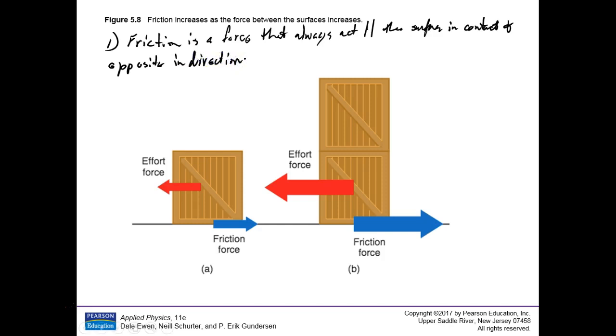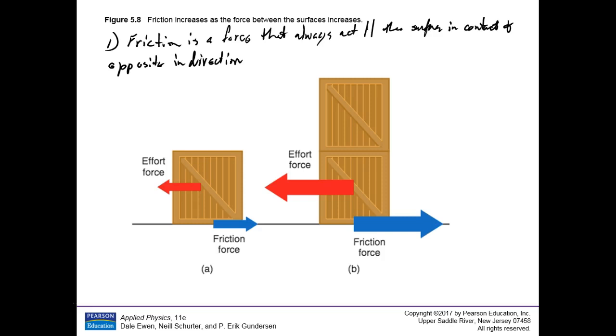Okay, so here you are either over here pushing or over here pulling on this box. If the surface is here, friction is resisting, always opposite in direction, but parallel to the surface.